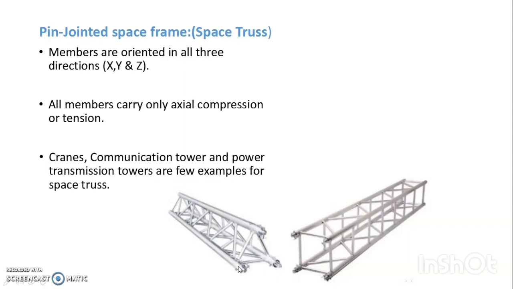Some examples of space trusses are cranes, communication towers and power transmission towers. If you want, you can Google the images and check it, where you will see members in X, Y and Z planes. Whereas if we see the plane truss, we will have only two dimensions, that is only X and Y planes.